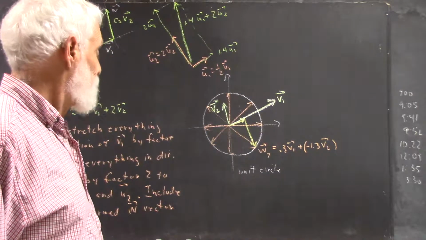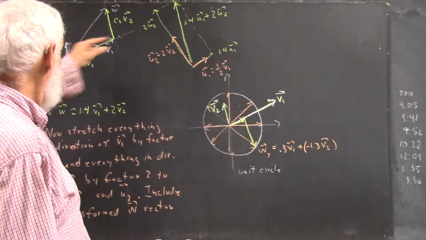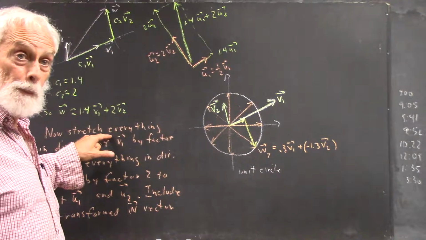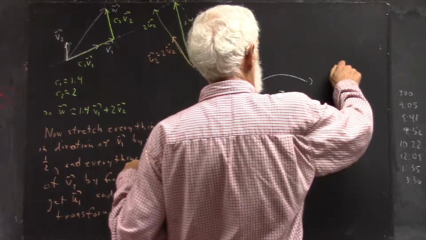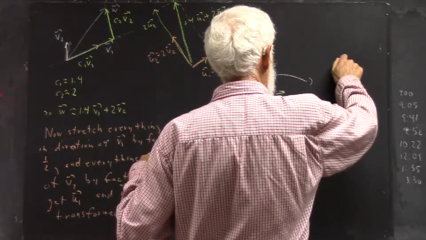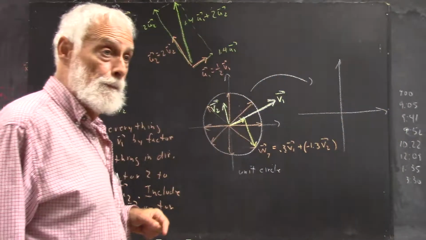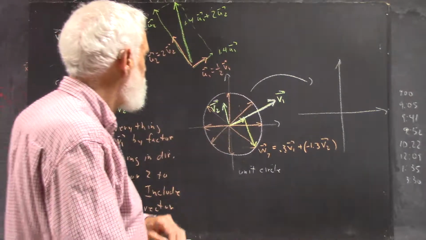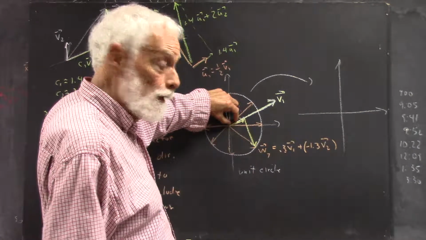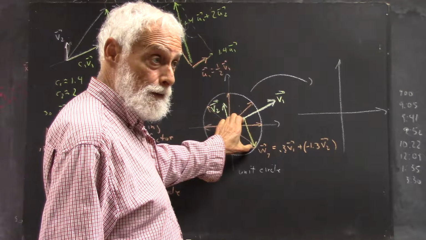Okay? Now, if I transform this, because if this process is a transformation, that brings me over here. Okay? And this vector is going to get half as long, and this vector is going to get twice as long, right? Make sense?